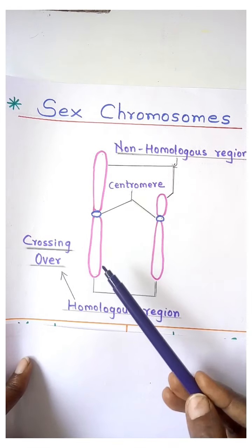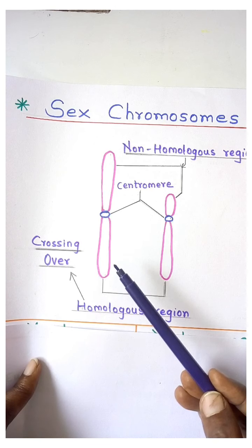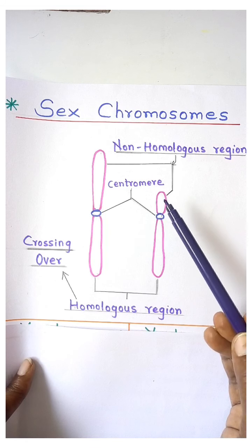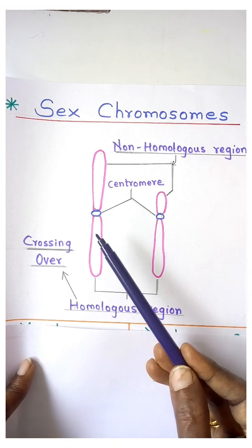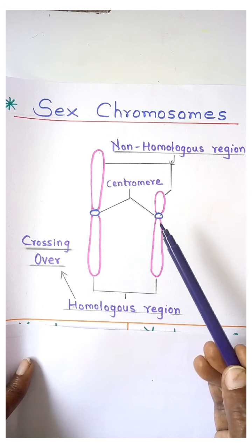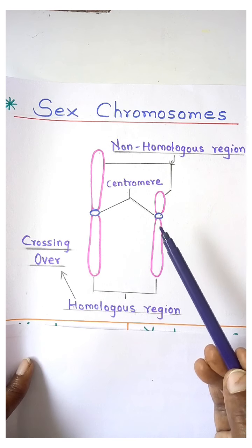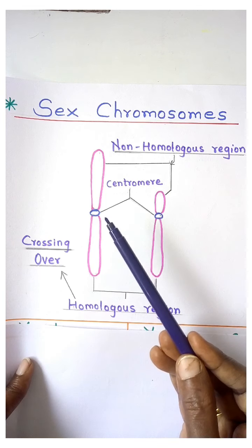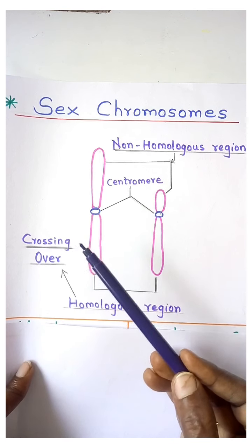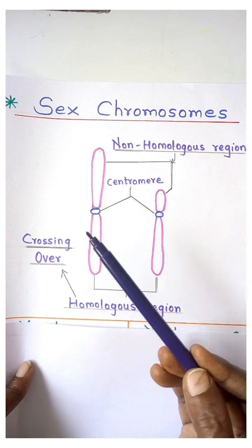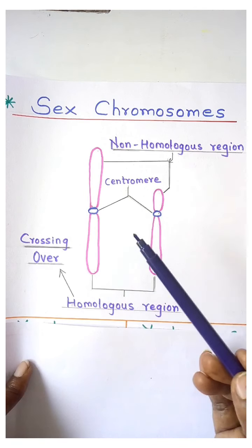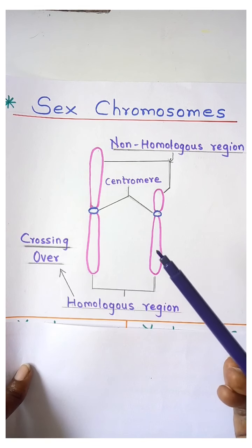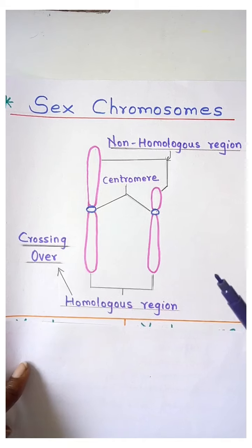The X chromosome contains a large amount of euchromatin and a small amount of heterochromatin, whereas the Y chromosome is exactly opposite to the X chromosome. It contains a small amount of euchromatin and a large amount of heterochromatin. X euchromatin contains a large amount of DNA, hence it is genetically active, whereas heterochromatin contains less DNA, hence it is genetically less active.